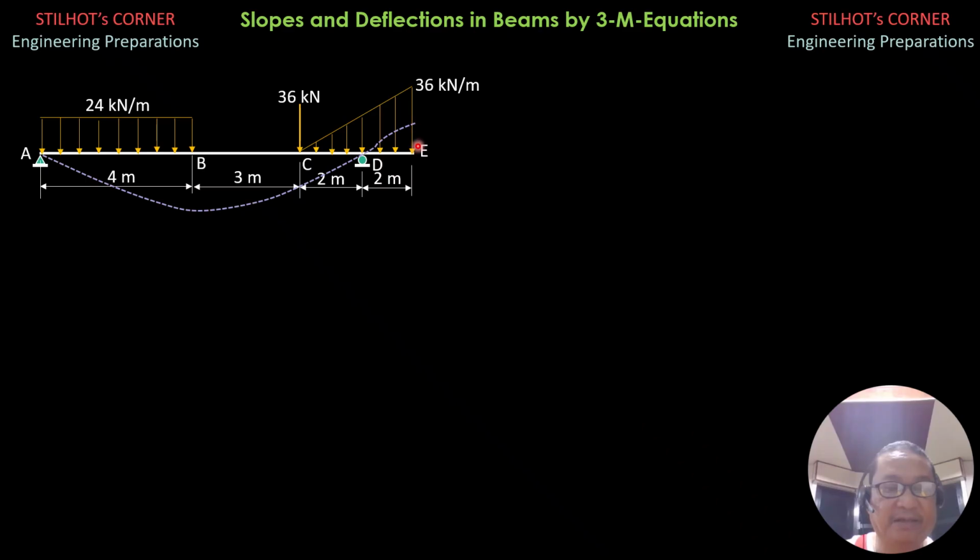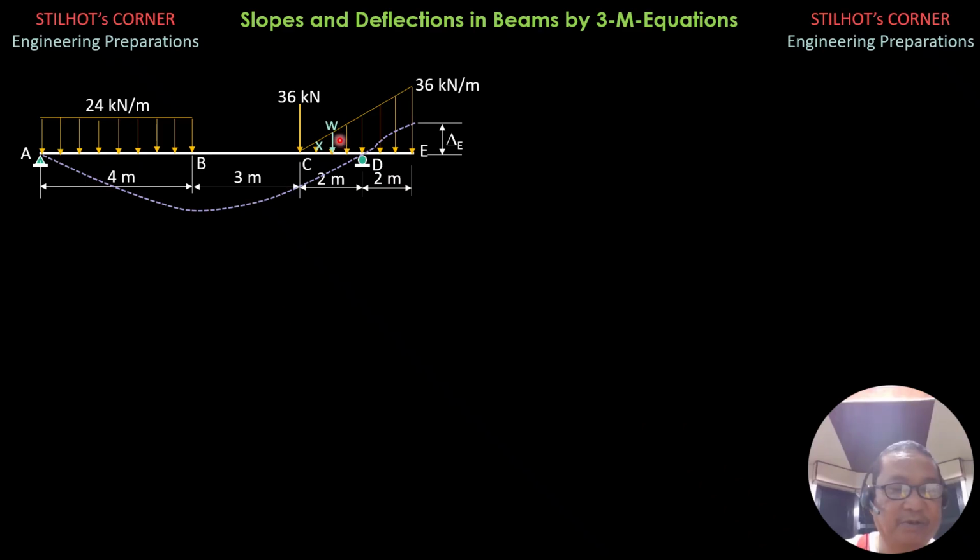Let's assume that point E on the elastic curve is above that horizontal reference through D. So remember that MA is 0, moment at D is negative 60, moment at E is 0.